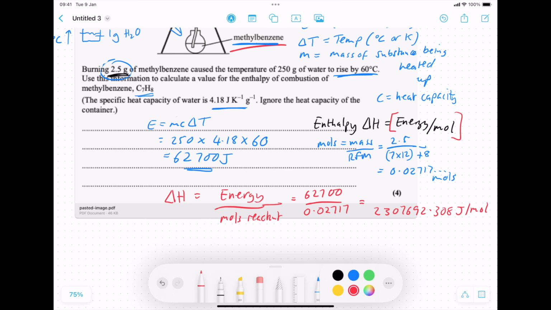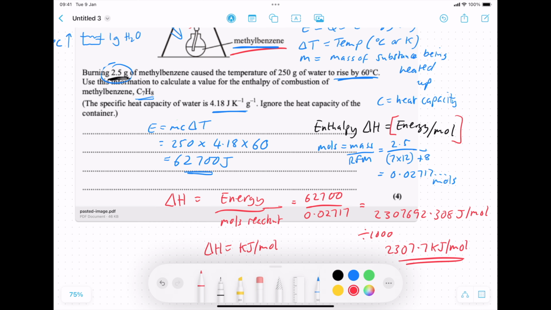Now, the standard unit for enthalpy change is actually kilojoules per mole. So before finalizing my answer I need to divide this by 1,000. So don't forget this step. Dividing that by 1,000 gives me 2307.7 kilojoules per mole when expressed to one decimal place.